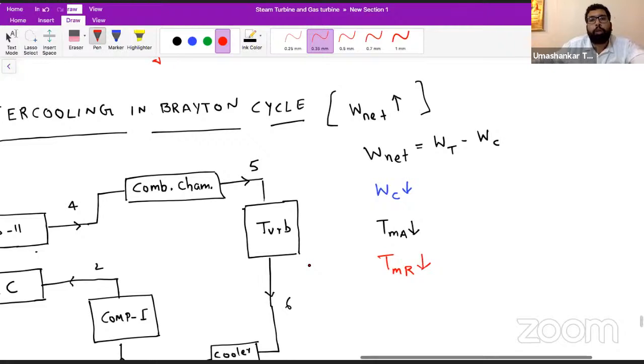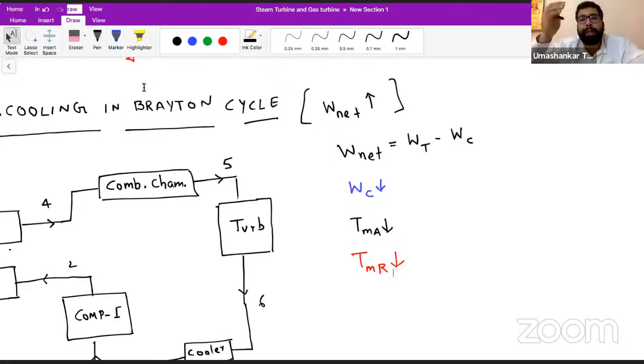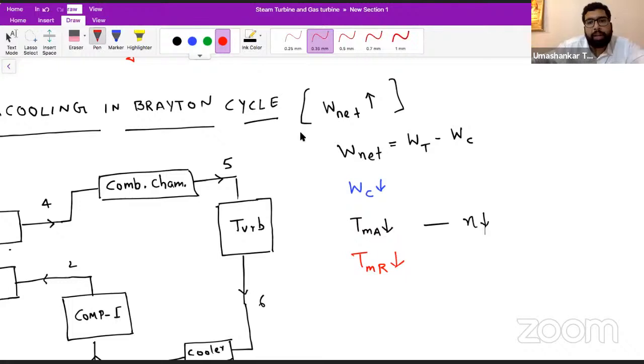Okay. So what will be the effect on the efficiency? Because we have seen if TMA decreases, the efficiency decreases, and if TMR decreases, the efficiency increases. So what will happen to the overall efficiency?